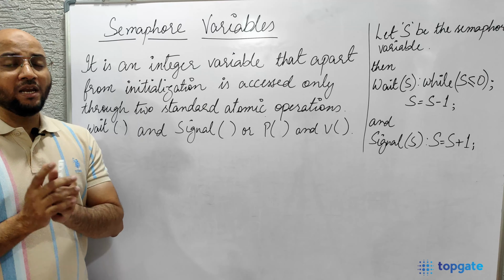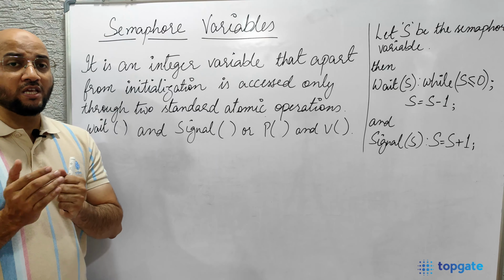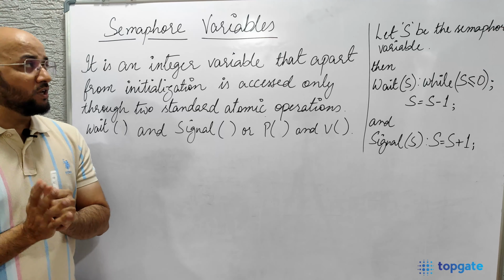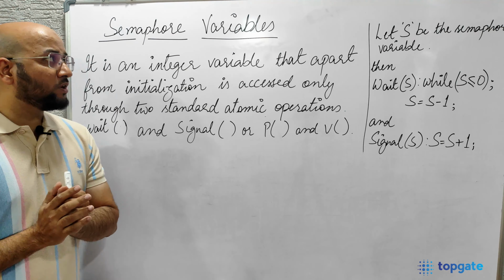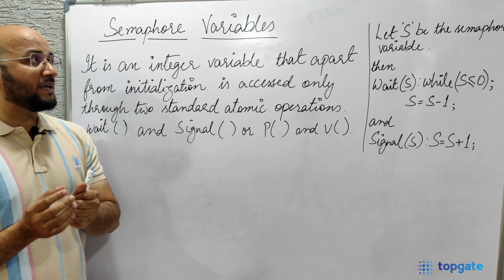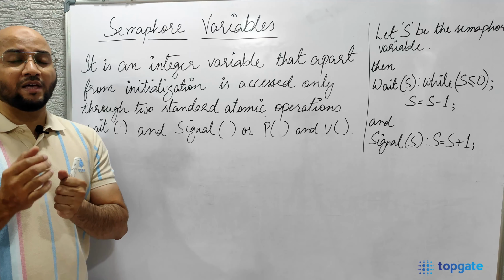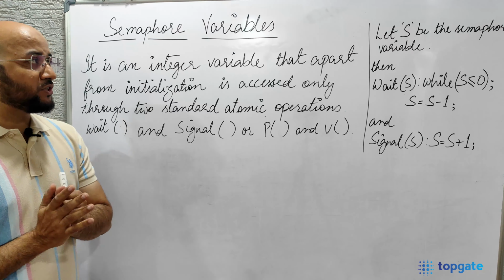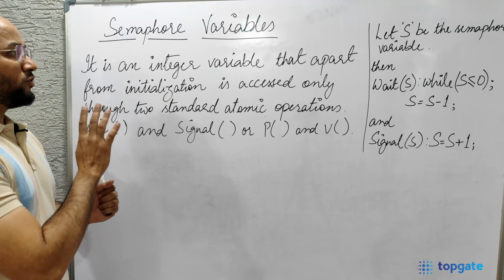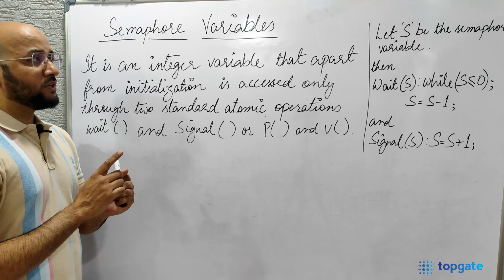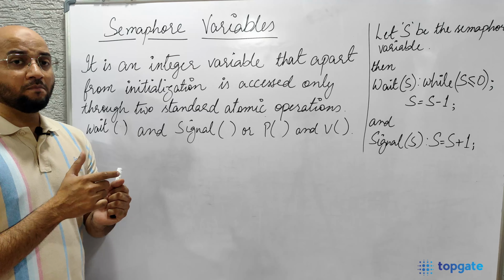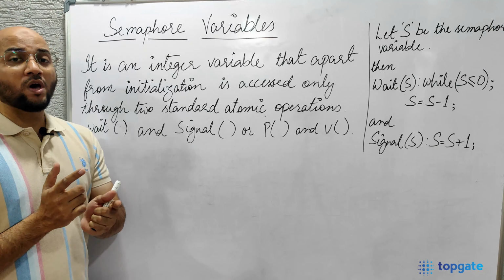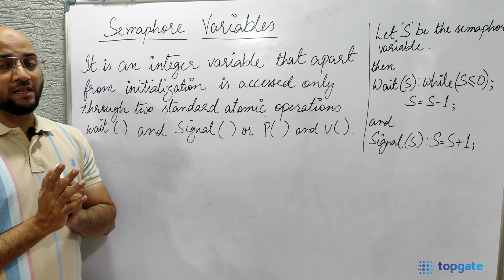So if there are n processes sharing the same critical region, the critical section problem arises. The semaphore variable is a solution capable of solving the critical section problem involving n processes. We'll see what a semaphore variable is first, then how it solves the critical section problem and how many requirements it satisfies.